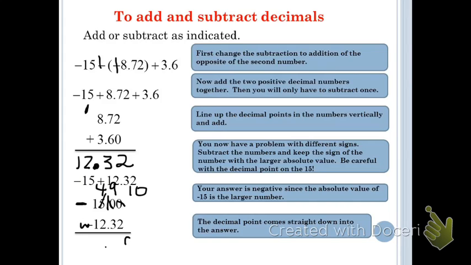Ten take away 2 is 8. 9 take away 3 is 6. My decimal comes straight down. And 4 take away 2 is 2. My answer is negative because 15 is larger than 12.32.